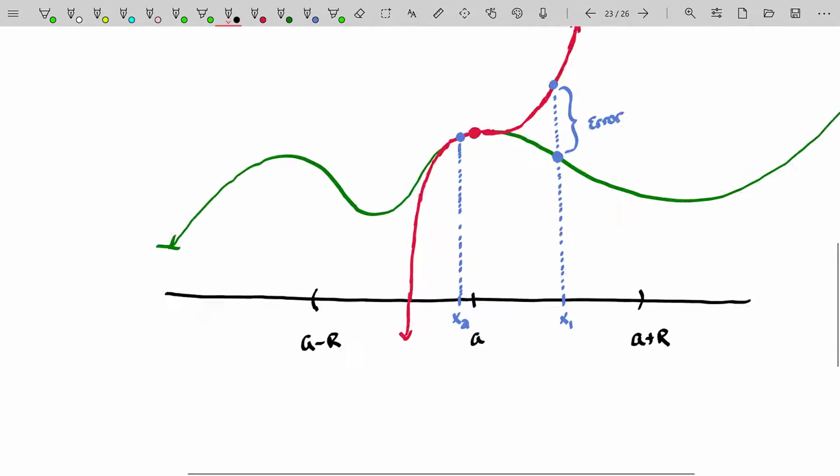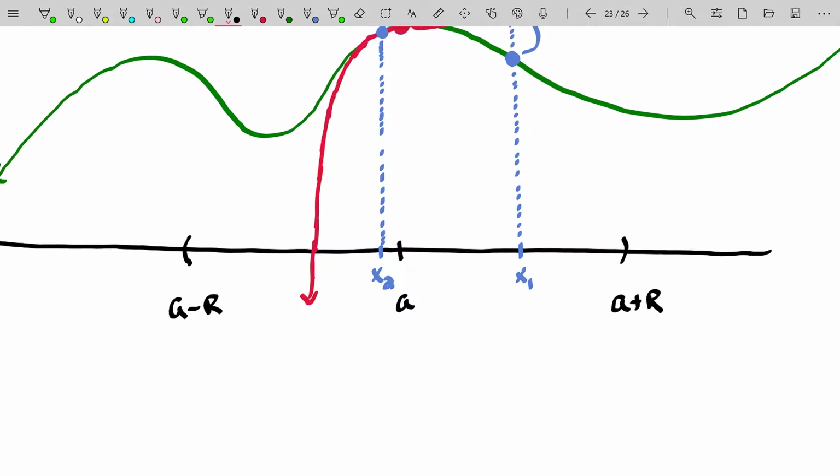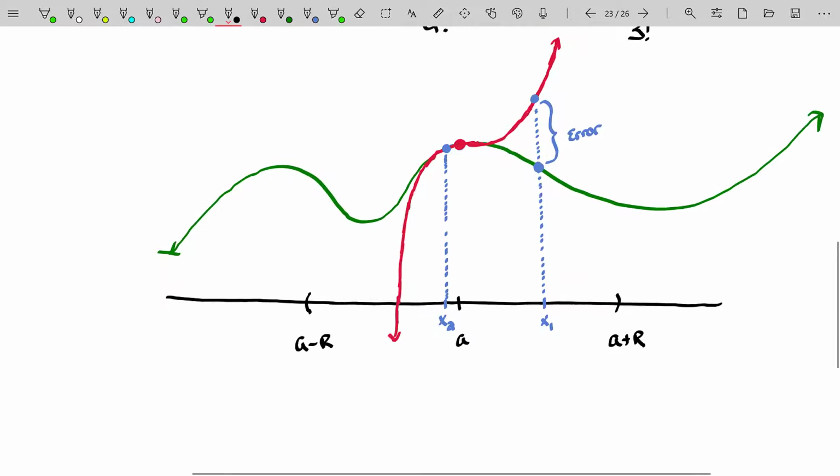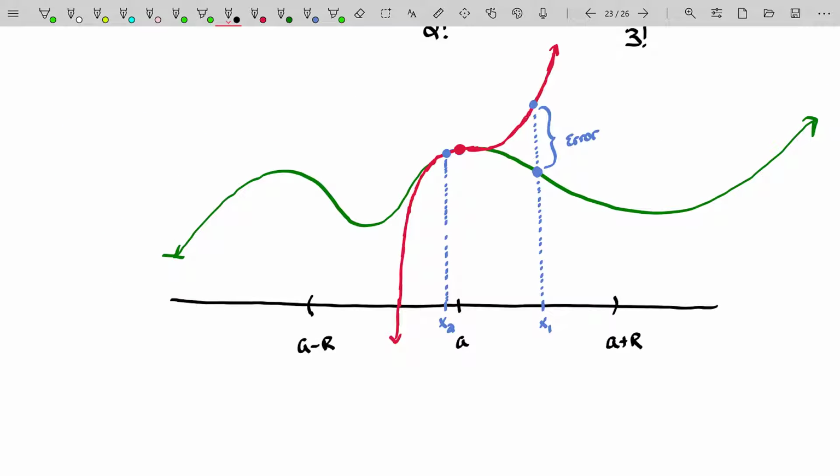Now, even though the radius of convergence might be, let's say 10, let's just pretend as though that's the radius of convergence, you might only want to consider a smaller interval, let's say a radius of 1.